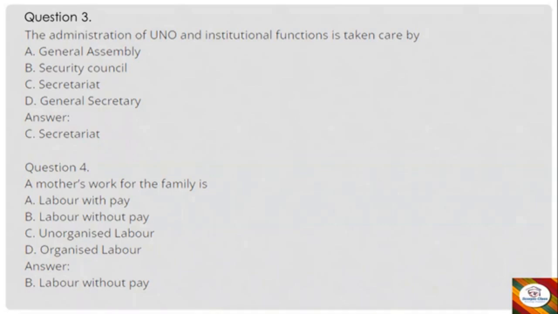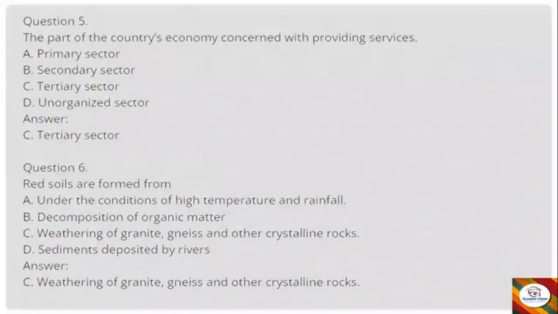And the answer is B, labor without pay. Question 5. The part of the country's economy concerned with providing services: A. Primary sector, B. Secondary sector, C. Tertiary sector, D. Unorganized sector. And the answer is option C.